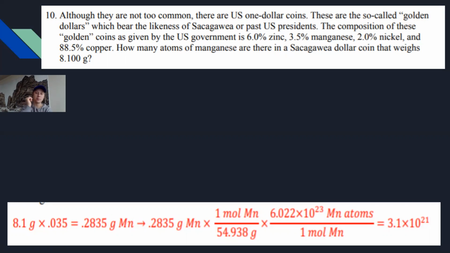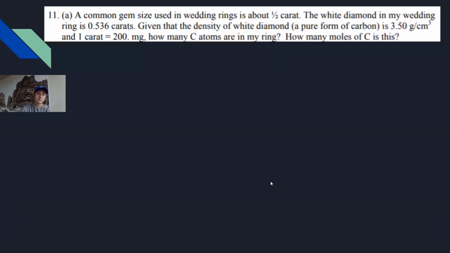So in these types of problems, we just pretend that the percent is the number of grams. So right here, we use the 0.035% as grams. So we have 0.2835 grams of manganese per coin. And from there, you just go from grams to moles and moles to atoms. So it's pretty straightforward.